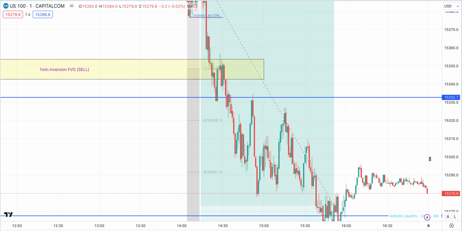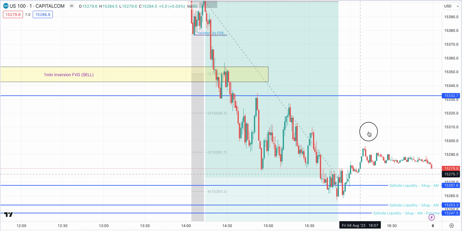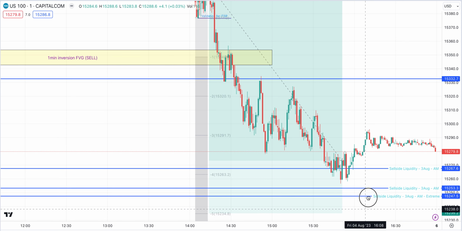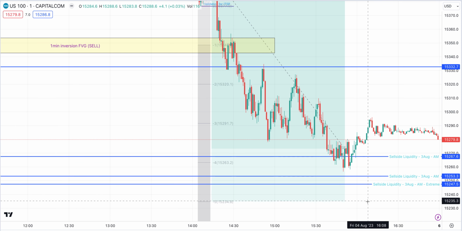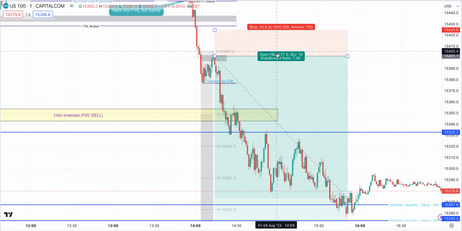So yeah, then it went to 4 standard deviations, but I would have liked to see it take the extreme at 5 standard deviations. That would have been a trade of 23.5 points risk with a target of 128 points.